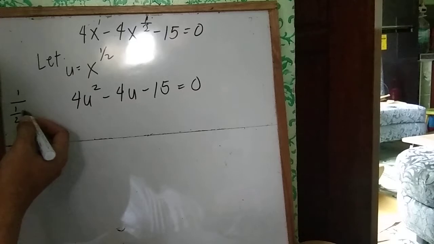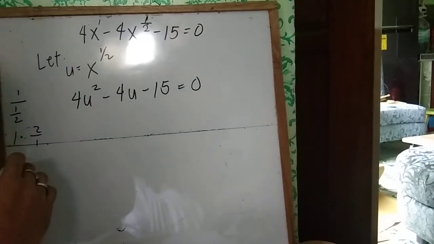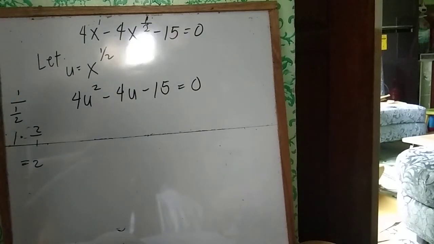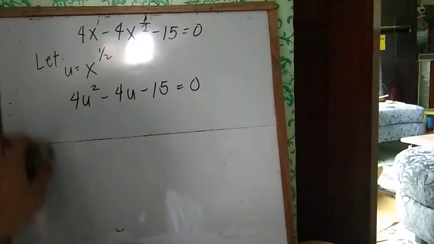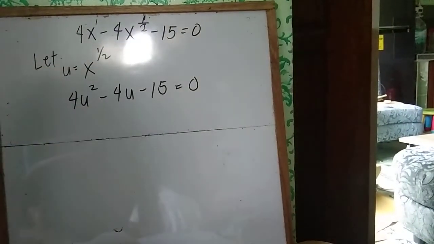Then you take the reciprocal, so 1 times 2 over 1, and 1 times 2 is equal to 2. So the exponent is 2. Okay, so we continue with 4u squared minus 4u minus 15 is equal to 0. For this u, which is 1/2, divided by 1/2 is 1, so the exponent is 1.